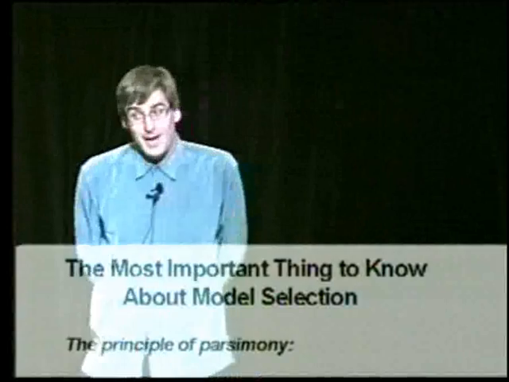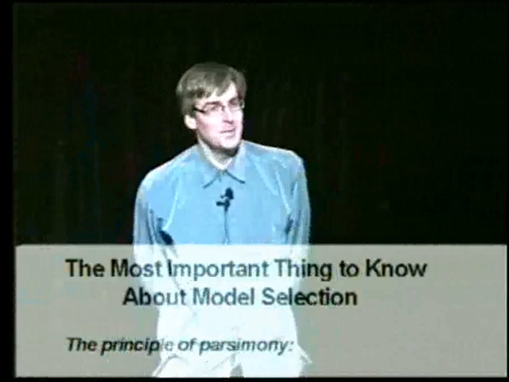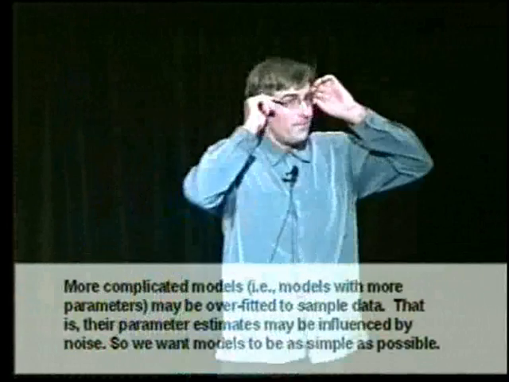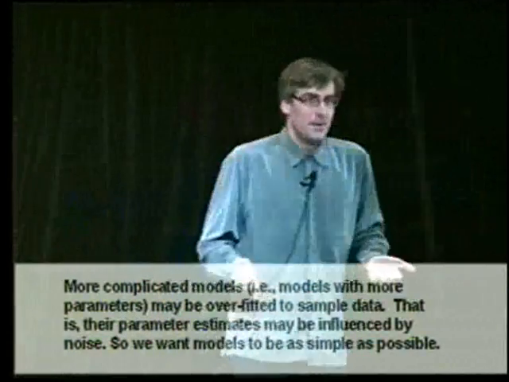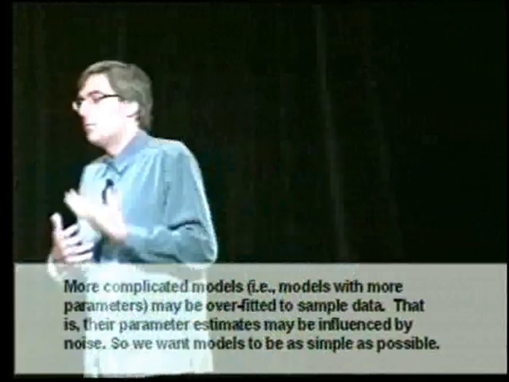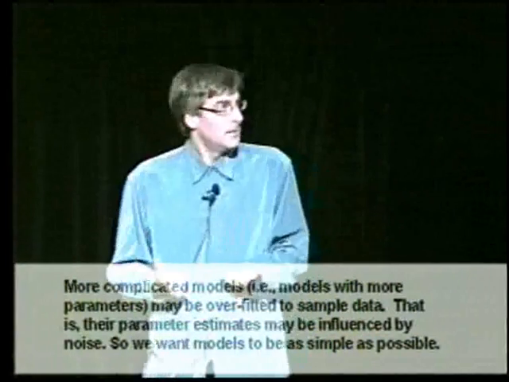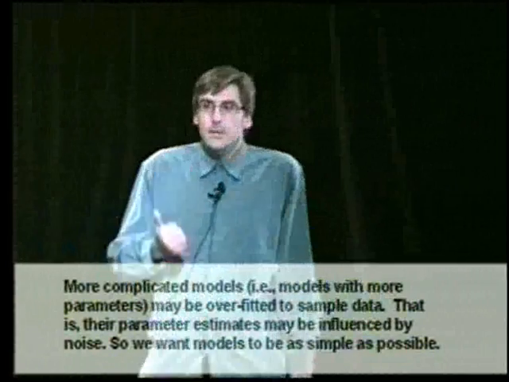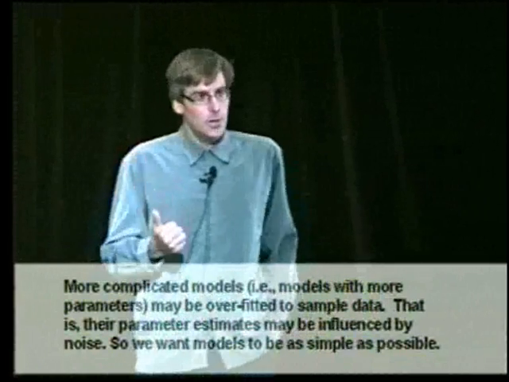Well, this illustrates something called the principle of parsimony, which in fact is, ta-da, the most important thing you need to know about model selection. What is it? Well, more complicated models, that is, models with a greater number of parameters, are susceptible to a problem called overfitting. That is, the parameter estimates may be influenced by noise.